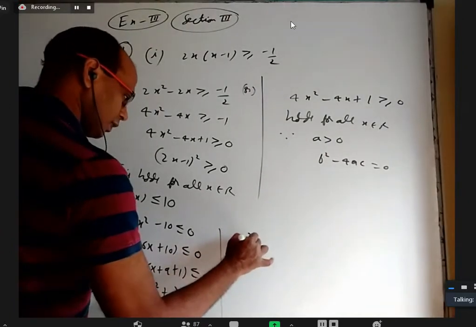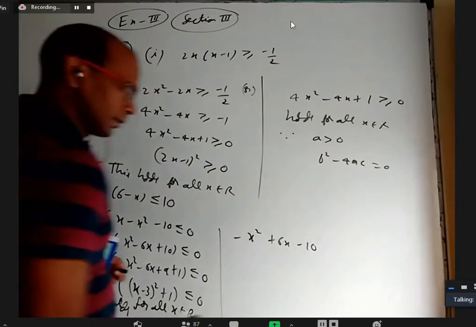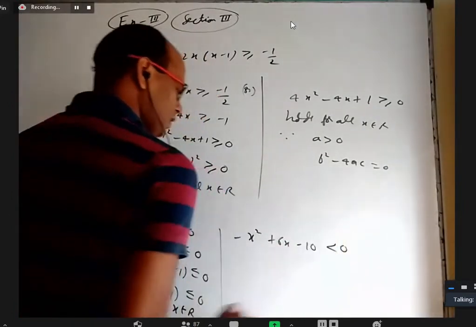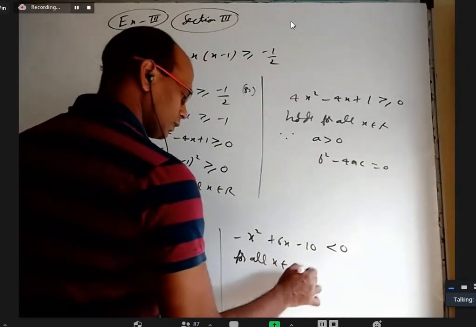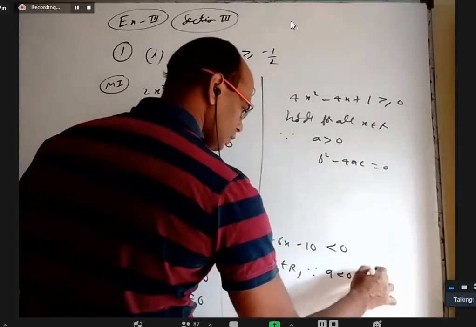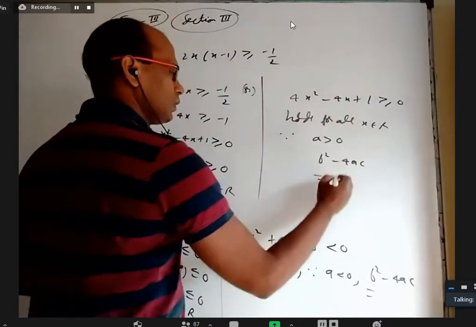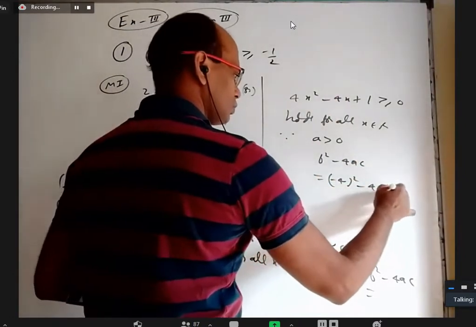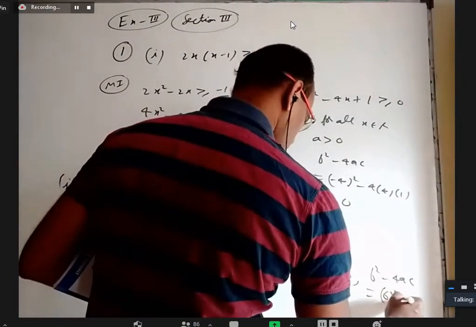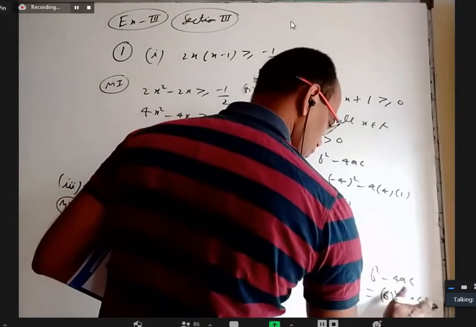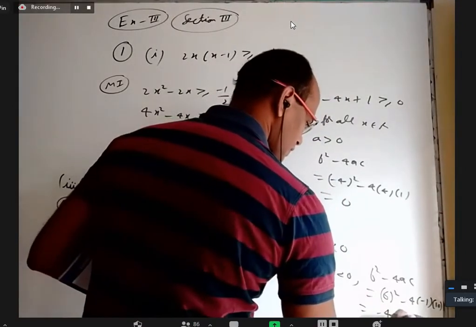Otherwise, when you look at this, minus x square plus 6x minus 10 is less than 0 for all x belongs to R, since a is less than 0 and b square minus 4ac is 6 whole square minus 4 into minus 1 into 10, which is minus 4, which is less than 0.